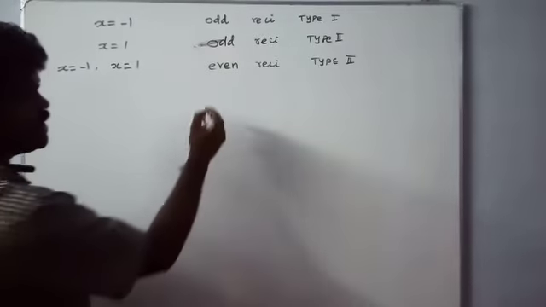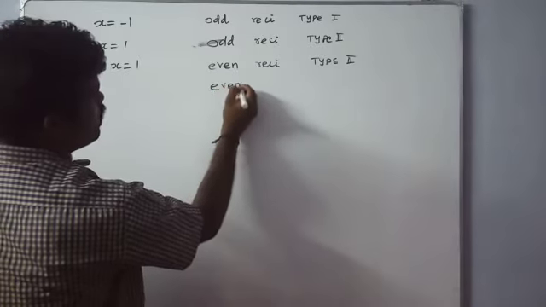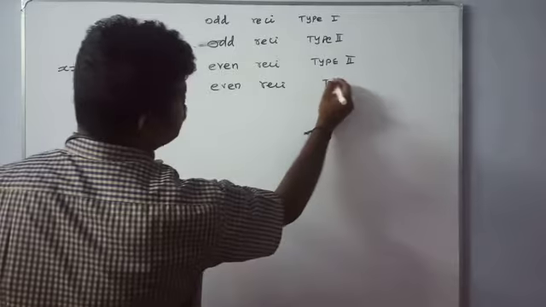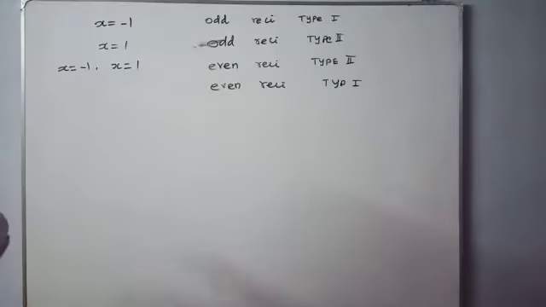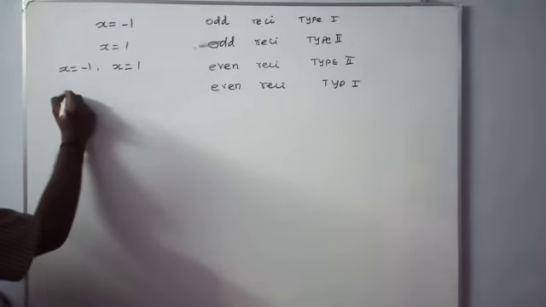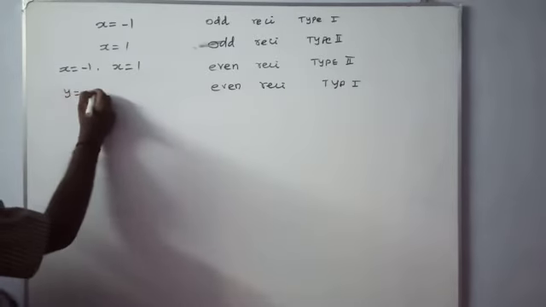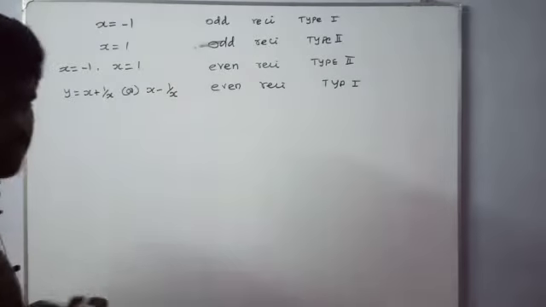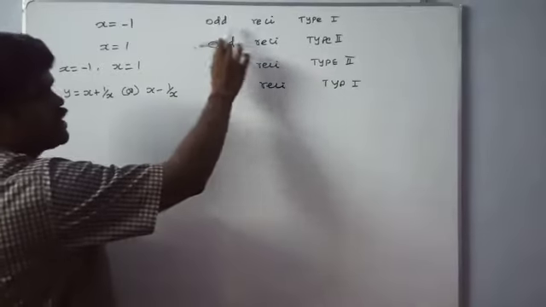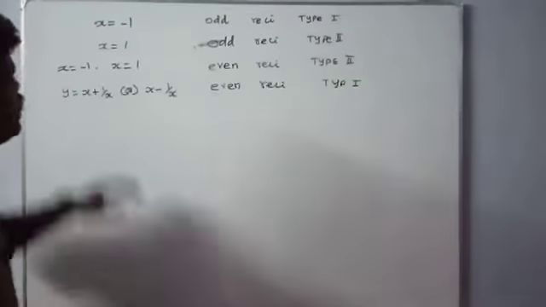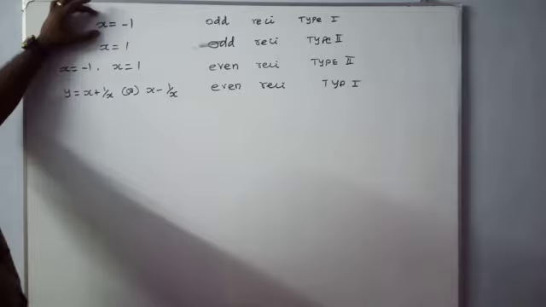And one more condition is there. Suppose an even degree reciprocal equation of type 1. Suppose that one equation is even degree reciprocal of type 1. Put y is equal to x plus 1 by x or x minus 1 by x. These are the important 4 conditions. This is very important for us. If suppose an equation is an odd degree reciprocal equation of type 1, x equal to minus 1 is a solution.